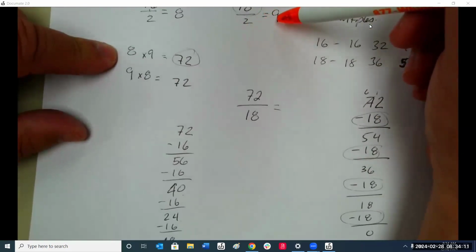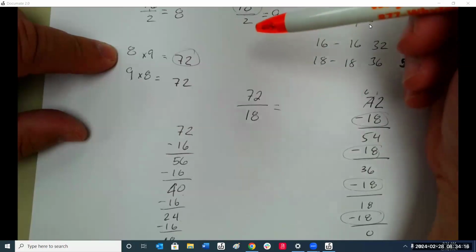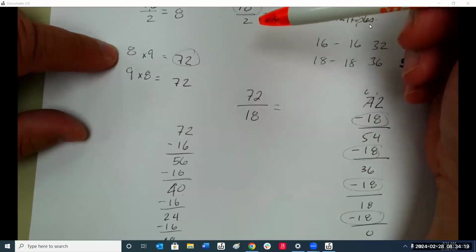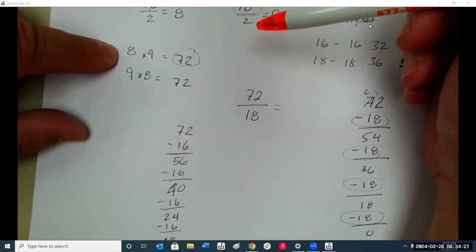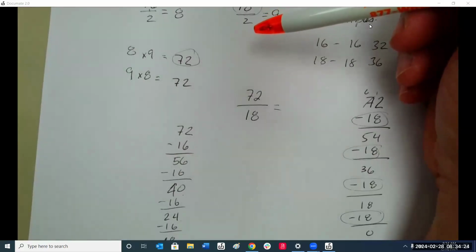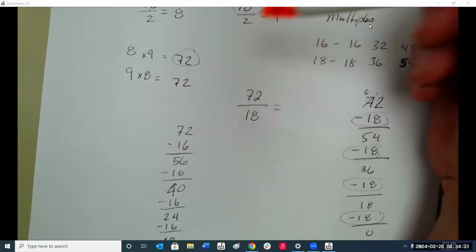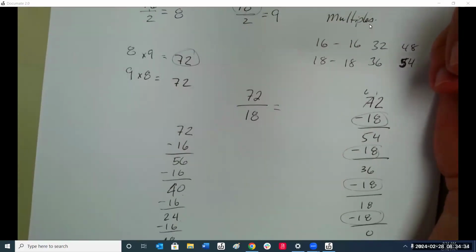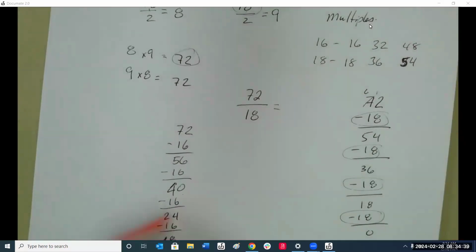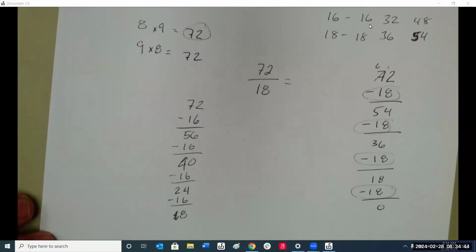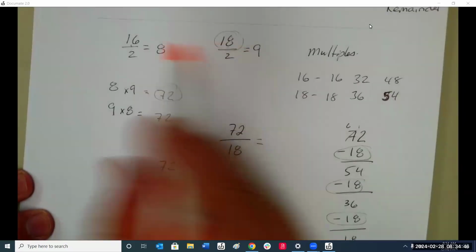So 18 times 4. Sixteen times. Whoops. I don't know what I did wrong there, but it should work out because it's multiples.